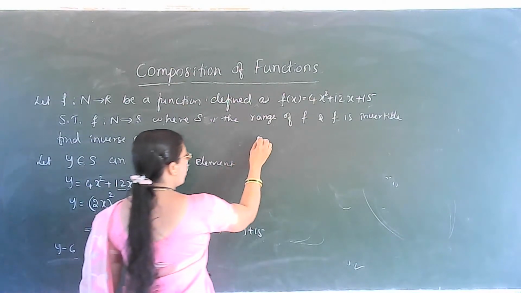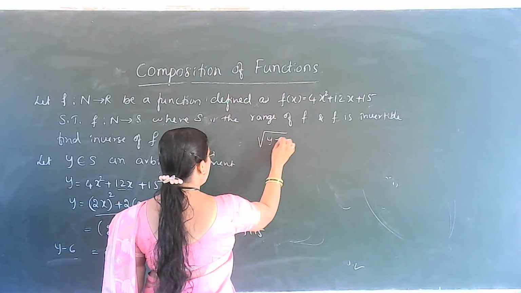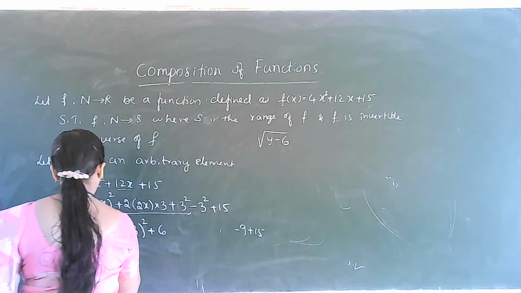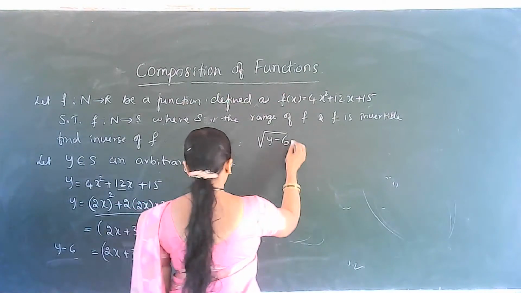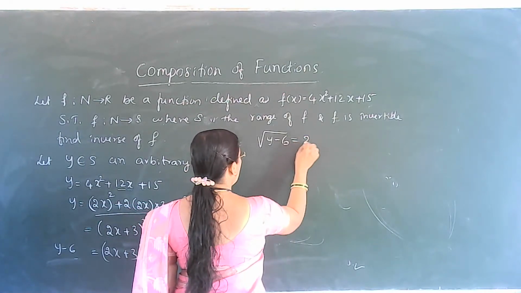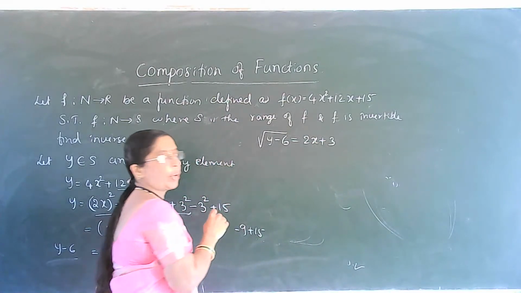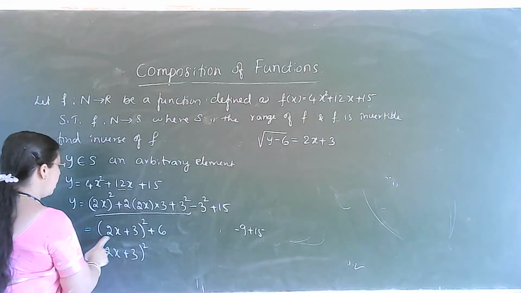Then square root of y minus 6 is equal to 2x plus 3, taking square root on both sides.